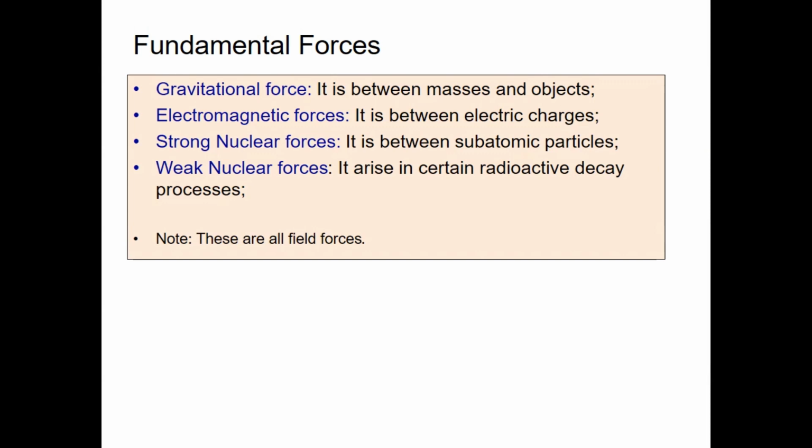for the small masses. Electromagnetic forces are those forces that are between the electric charges, and it's all due to the charges. The motion of charges or the stationary charges do cause electromagnetic forces. Electromagnetic force is basically a combination, or what we call the unification, of the electric force and the magnetic force.